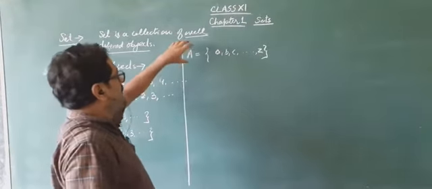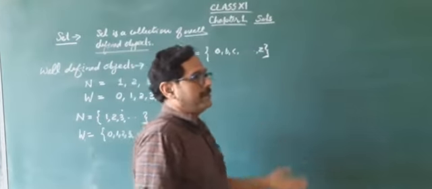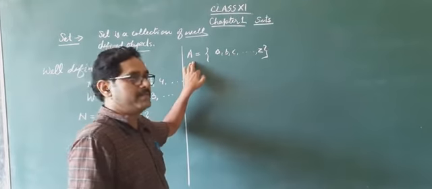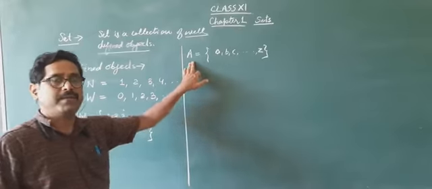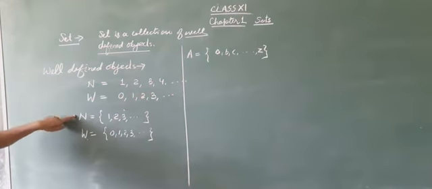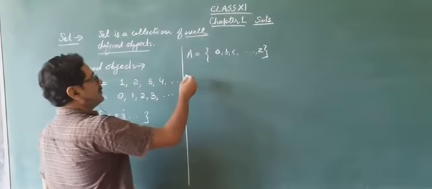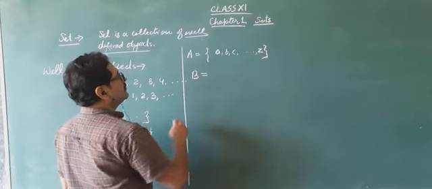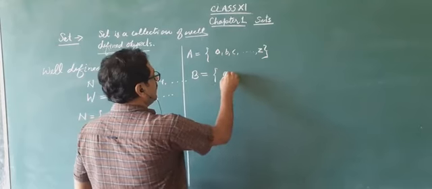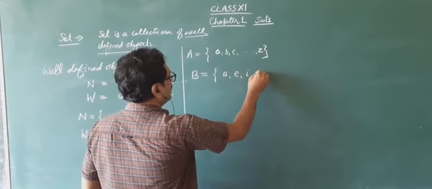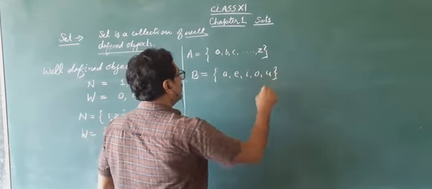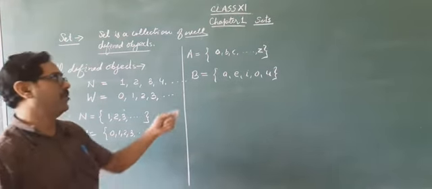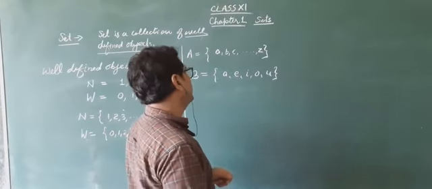Elements are generally represented in small letters, but a set is always written in capital letters, like A and W. Let B be the set of a, e, i, o, u, which is the set of vowels of the English alphabet.